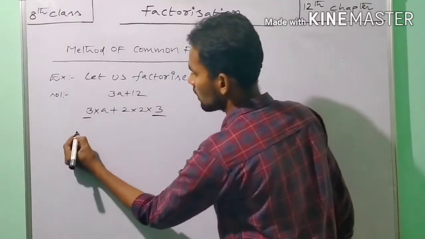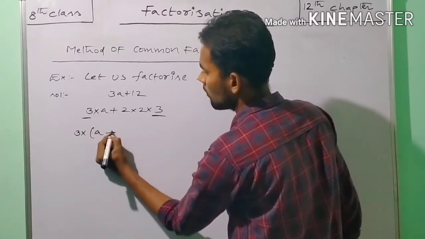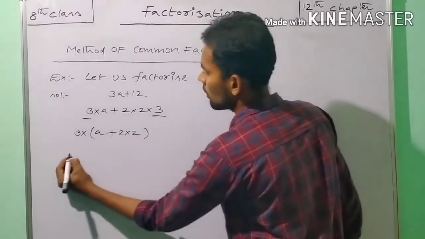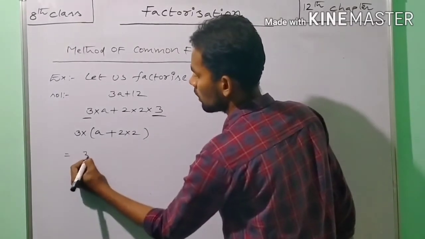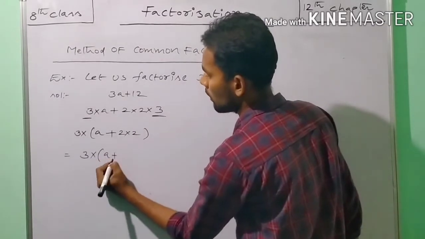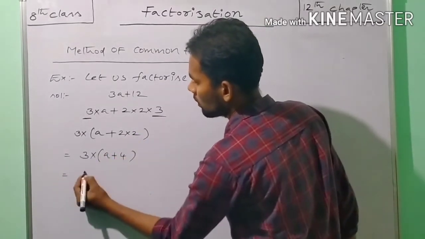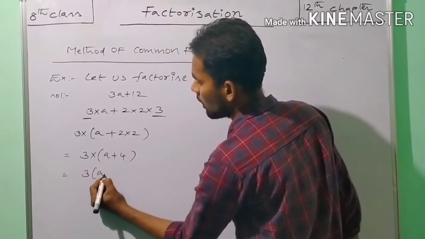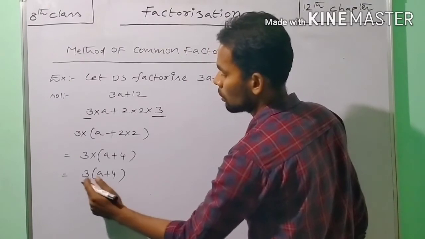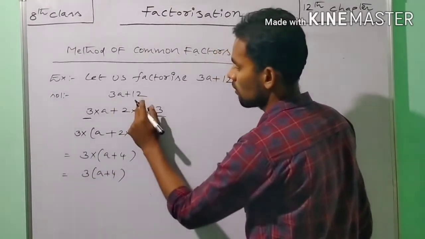Common factor 3, we get 3 into (a plus 2 into 2), equals 3 into (a plus 4). 3 into a, 3a plus 3 4s are 12.